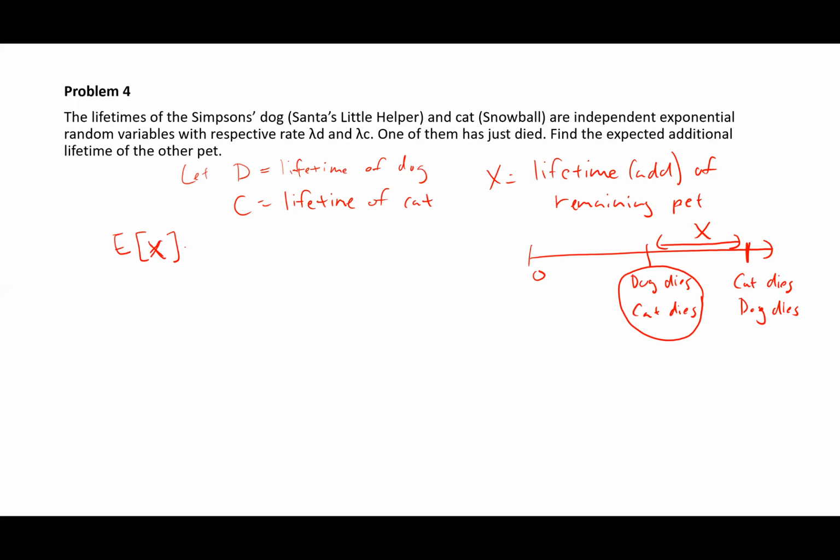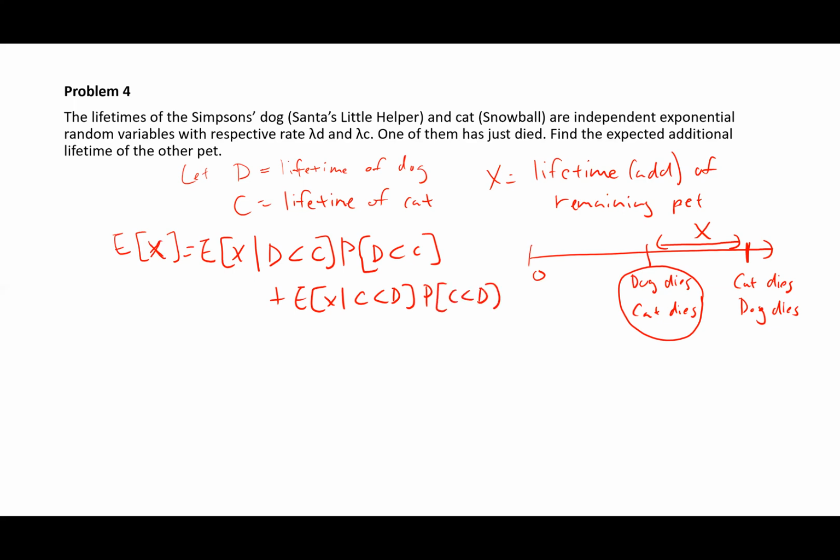So the expected value is going to condition on this first event. What happened first? So this will be the expected value of X given that D died first, and the probability of D dying first, plus the expected value of X given the opposite case, the cat dies before the dog, and the probability of that event actually occurring.